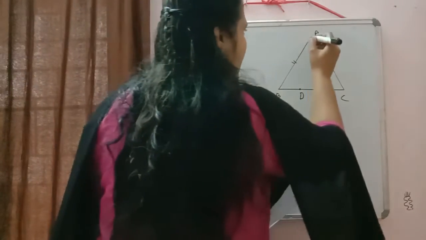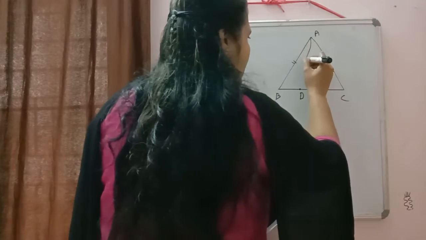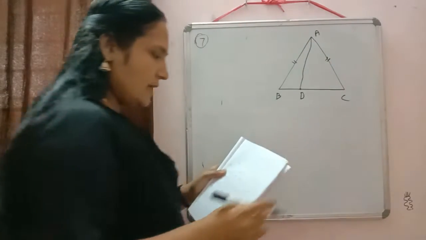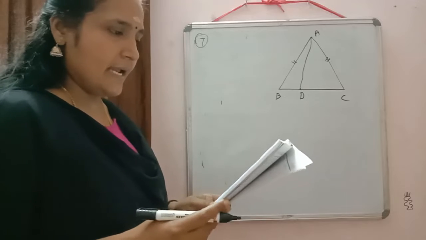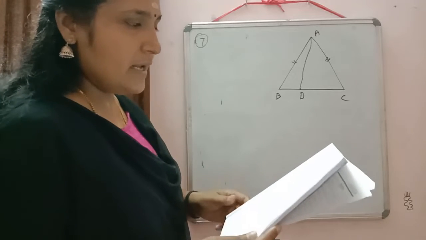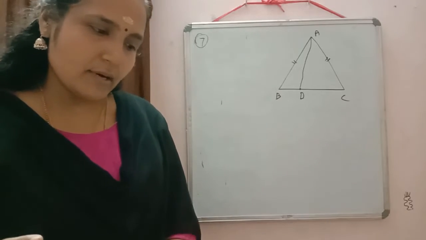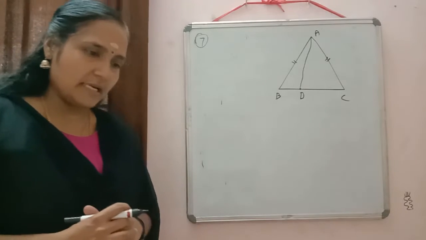Suppose I have drawn AD in this way, because we need the side AD. So we have to prove here AB square minus AD square is equal to BD into CD.